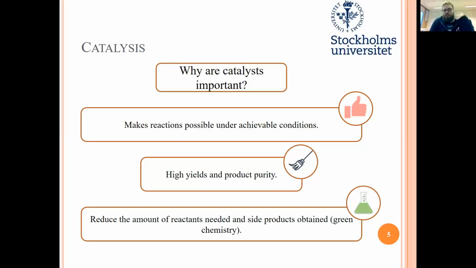We don't have to go through a step of separating them if we manage to make a catalyst selective to one of the products. And lastly, the use of catalysts reduces the amount of reactants needed and the side products obtained, because of this selectivity and this high yield. We get a lot of product with an X amount of reactants, and since it's selective, we don't get side products. So catalysis is fundamental in this green chemistry that we're trying to achieve.